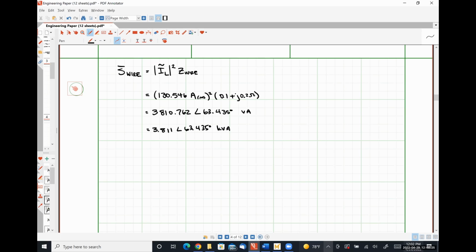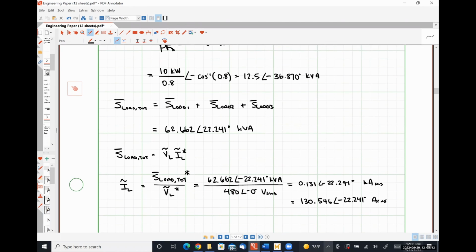So my total complex power that is being supplied by my voltage source is the complex power that's being absorbed by my transmission line plus the complex power that's being absorbed by my composite load.